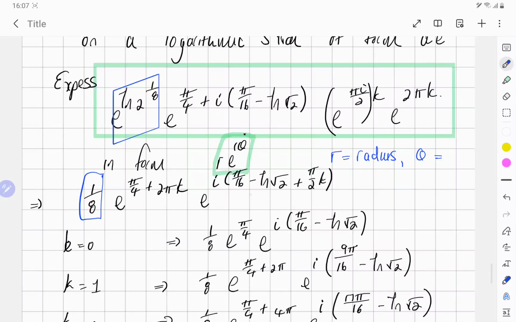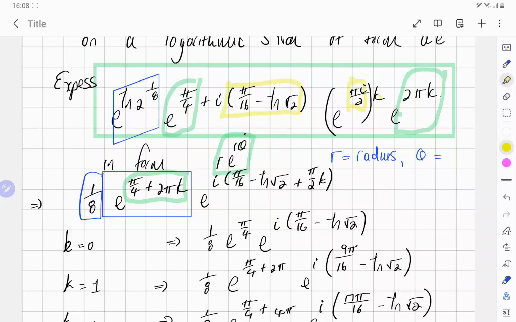Then what I did here, I kept all my terms without an i together. So I used that term and I used this term because the base is the same. I add the exponents. Then what I did, all the terms with the i, which is that, plus this with the i on the outside, I put them together.